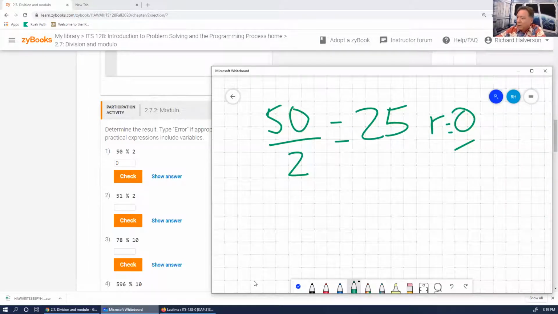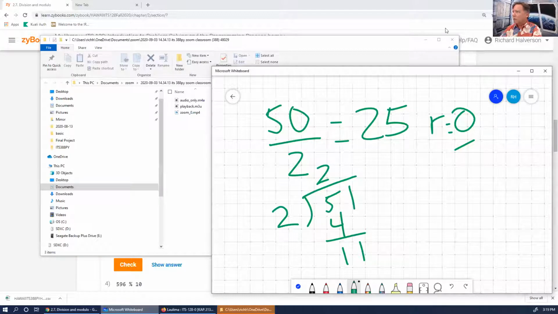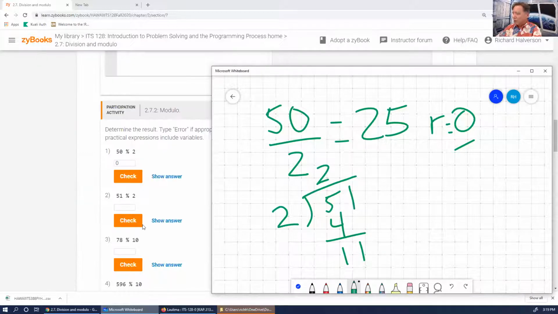Okay, so 51 mod 2. Let's see, 51 divided by 2. Is this how you do that back in the old days? So what's 51 divided by 2? Well, it's 2 times 2 is 4, minus 1, bring this down, 10. So 5.